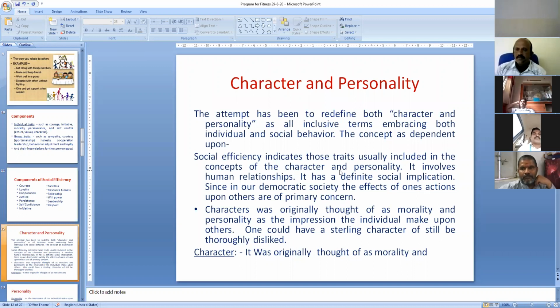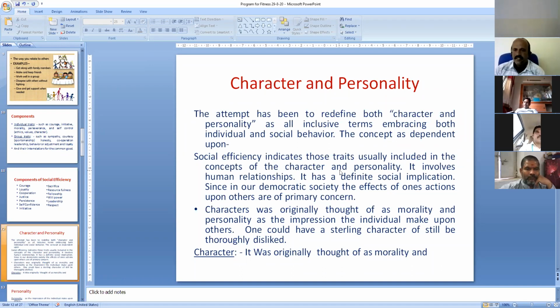Moreover, we discuss the characteristics and personality of the sports person, and these aspects are also included in social efficiency and psychological aspects. Character and personality play a major role in sports, in the behavior and the thinking of the sports person.